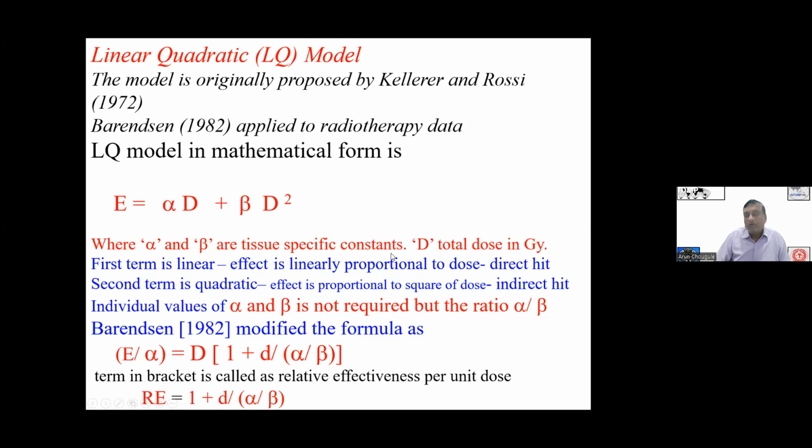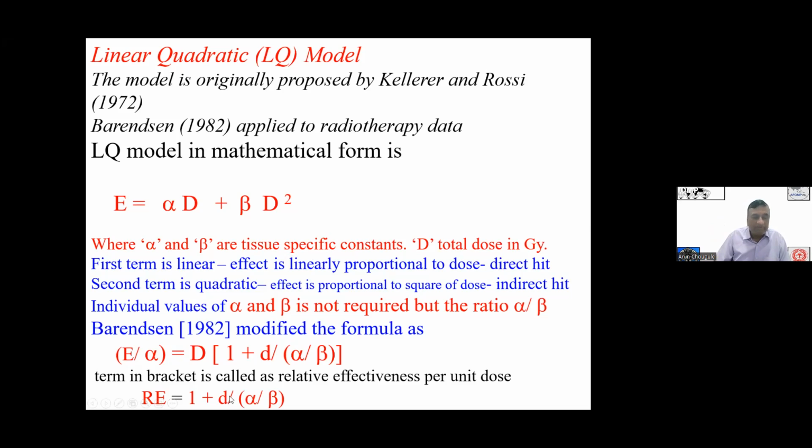specific constants. For head and neck cancer, squamous cell carcinoma, adenocarcinoma, lung cancer, and prostate cancer, alpha beta will be different. Similarly, alpha beta for early reactions and late reactions will be different. Alpha beta for mucosal and normal tissue reactions will be different.